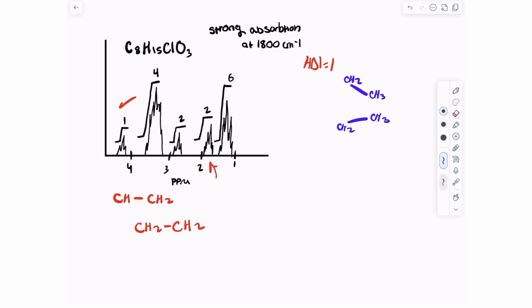I know my spikes aren't very good, but this is supposed to be unreadable. These you're supposed to be able to read. This is unreadable. It's a multiplet. So what that means is that there are 2 different numbers of protons on either side. So that would kind of make sense if these could go together and that could give a multiplet. So we're going to put that together.